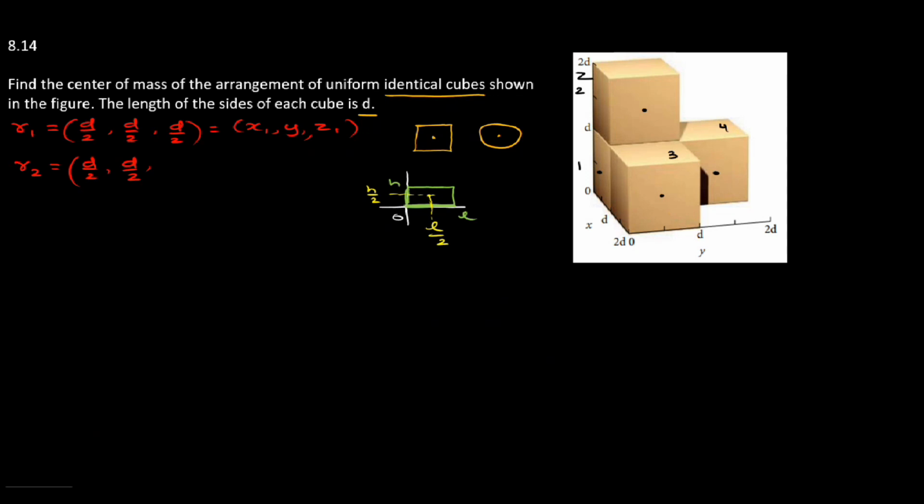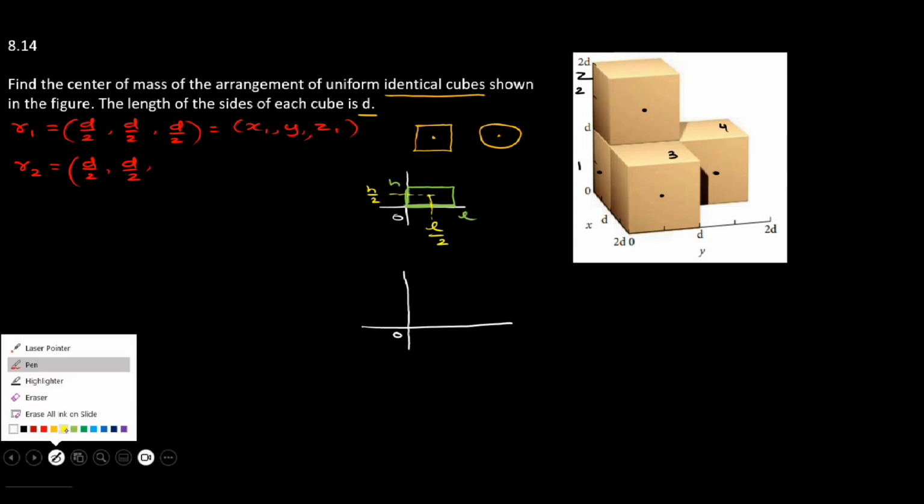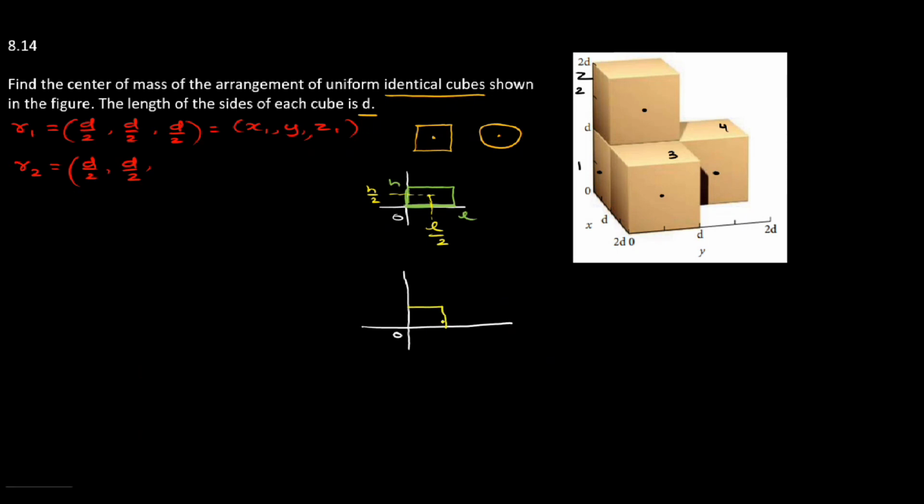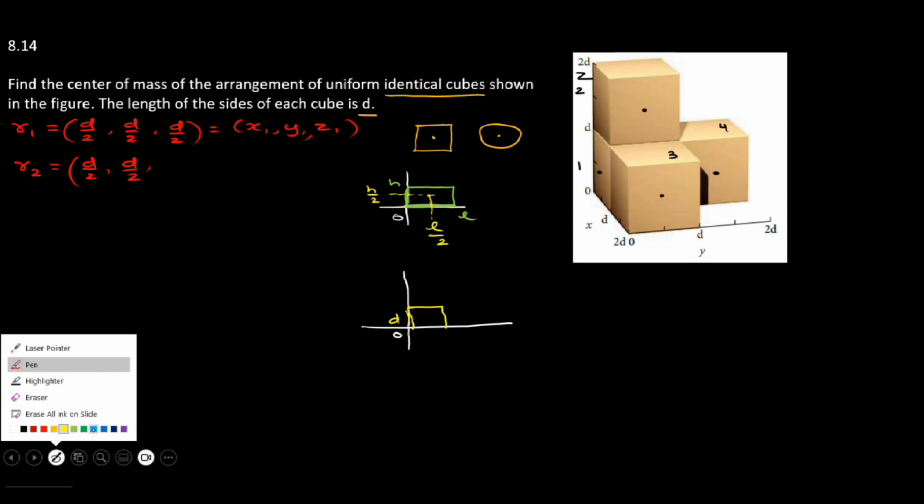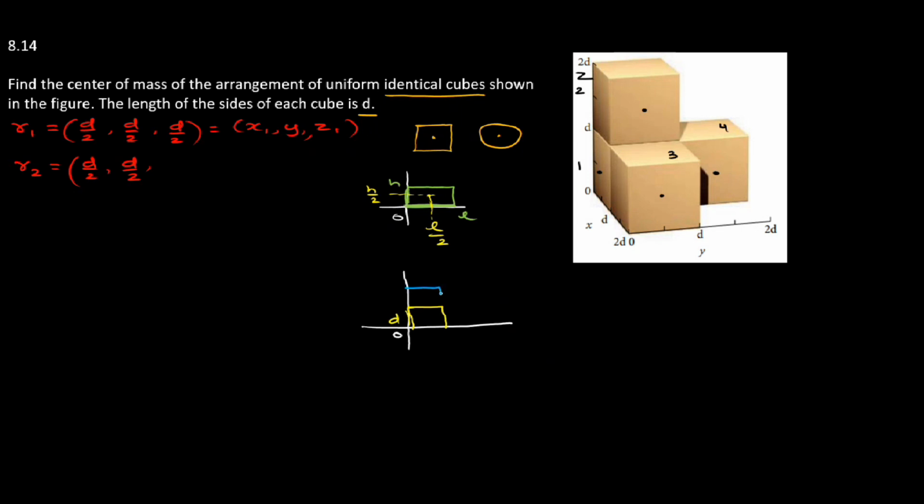Let's sketch the situation along the z-axis for cube 2. I have the coordinate system like this, and then we draw cube 1 first. This is cube 1 and it has a side d. On top of cube 1, we will draw cube 2. Cube 2 also has a side d. Within cube 2, the center of mass lies at the geometric center, at a height of d by 2 within cube 2.